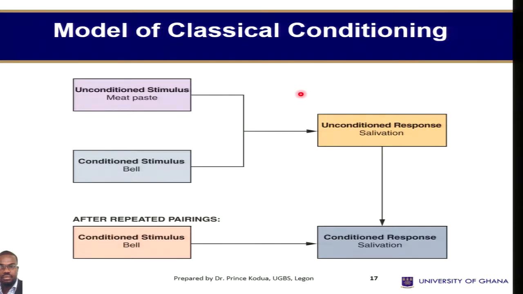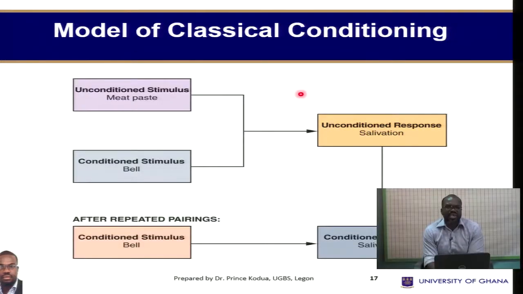So this went on repeatedly. Over time, it was observed that after repeated pairing of the meat and the bell, just at the sound of the bell alone, the dog salivates. In other words, the dog has been conditioned, or has learned to associate the bell with the meat.